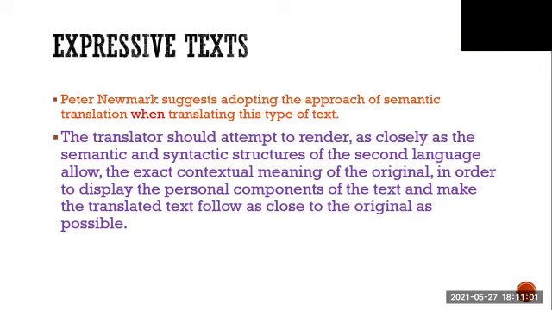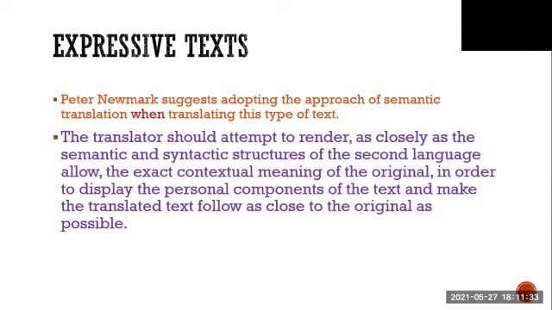Remember, we have done this previously. So we need to transfer the exact contextual meaning of the original text. Why? In order to display the personal components of the text, the identity of the source text, the character of the source text, and make the translated text follow as close to the original as possible.